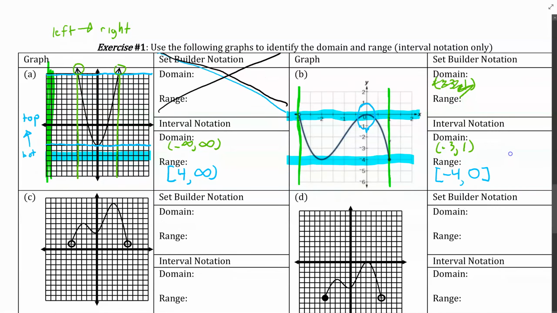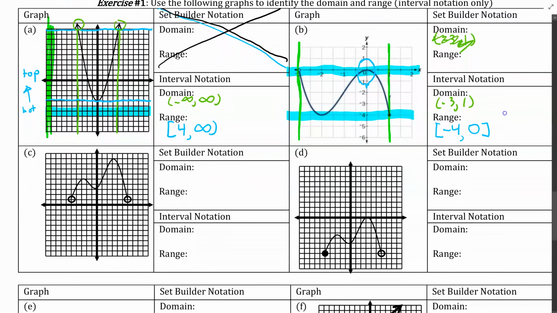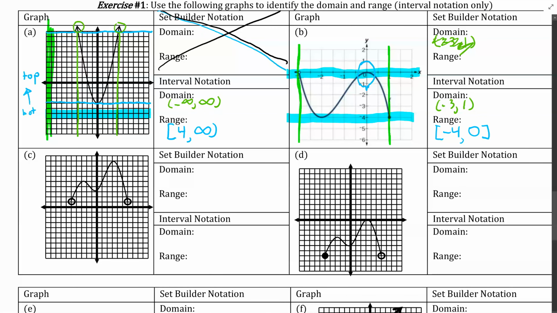Okay, moving on to part C and D, we'll go through these a little quicker. For domain, the first place that a line will touch the graph when we go from left to right will be at -1, 2, 3, 4, 5. And because it's an open circle, we use parentheses.